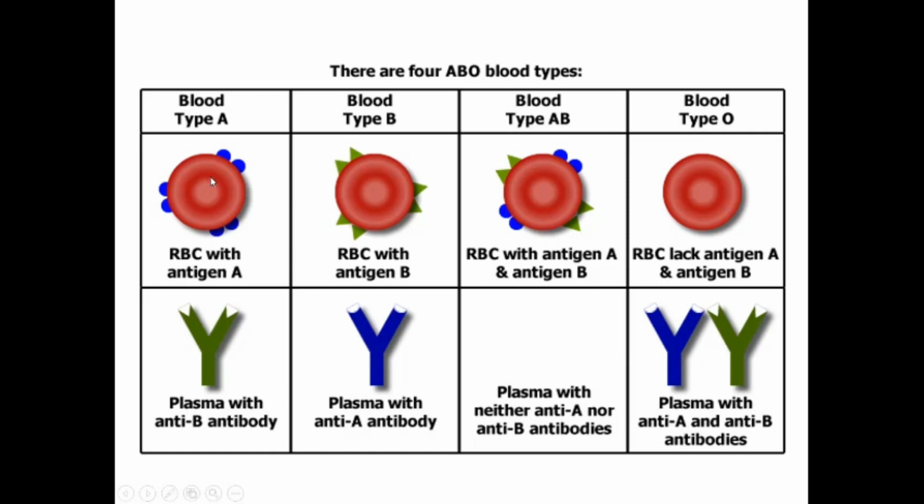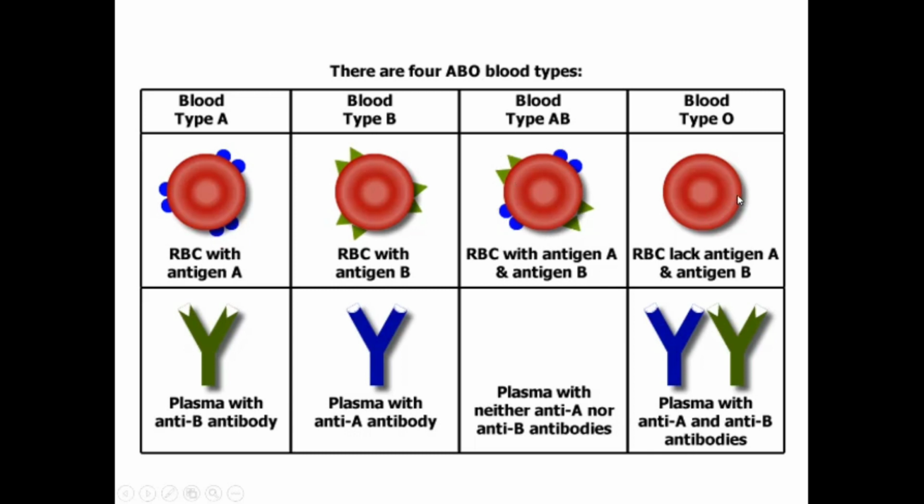Everyone who has blood type A has antibody against type B. And vice versa, so type B has antibody against type A. So we cannot transfer blood between this kind of person. AB, because they have both of them, doesn't have any antibody against these blood type groups.